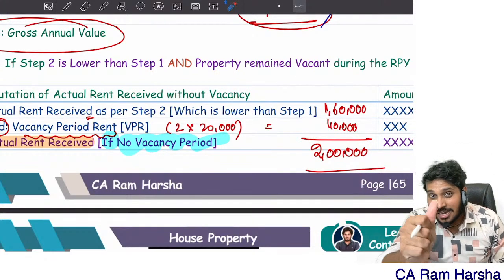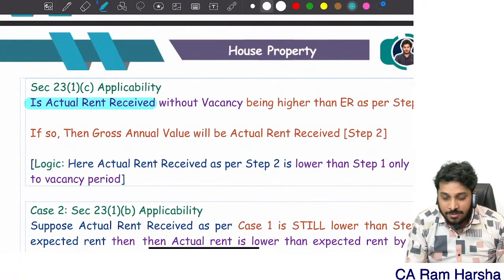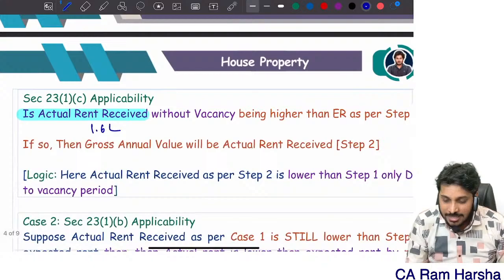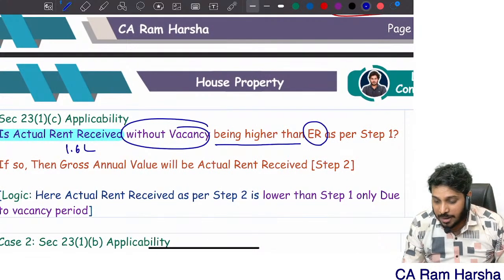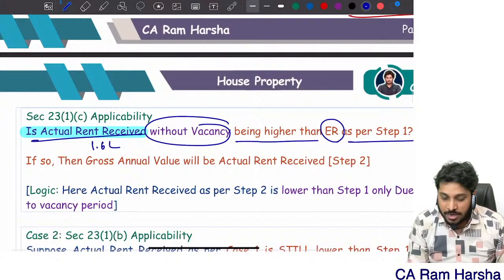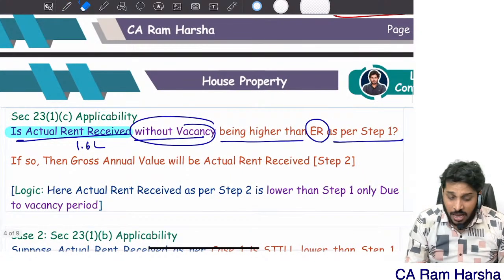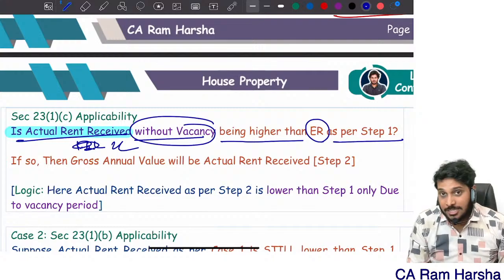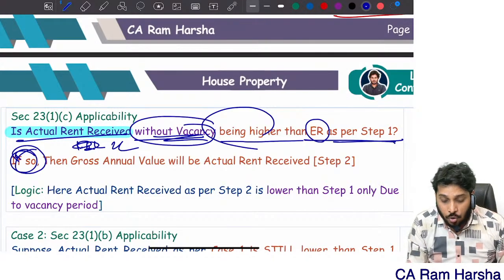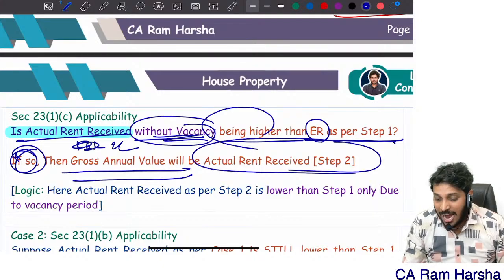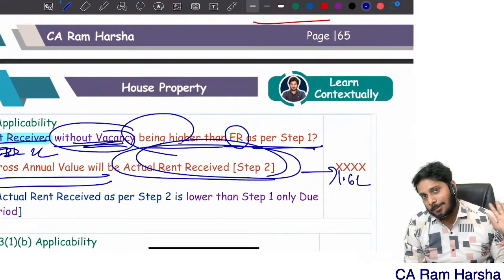If this is the case, then what will the department say? If actual rent received without vacancy, which is 2 lakhs, is higher than expected rent as per step 1, then gross annual value will be actual rent received as per step number 2, which is 1.6 lakh.